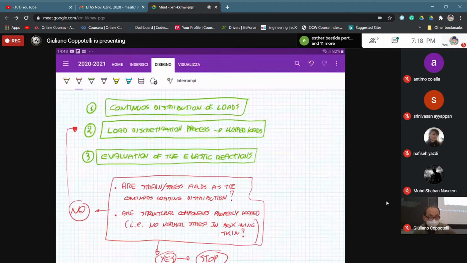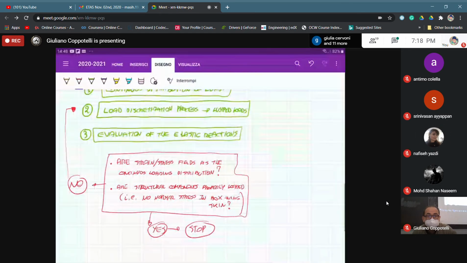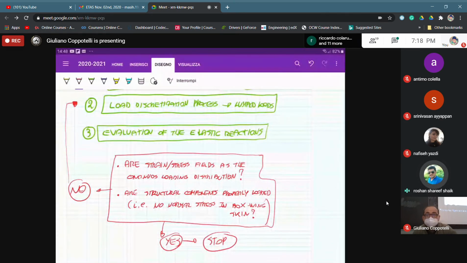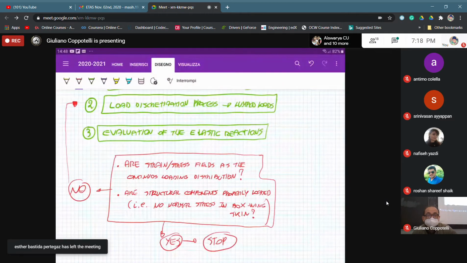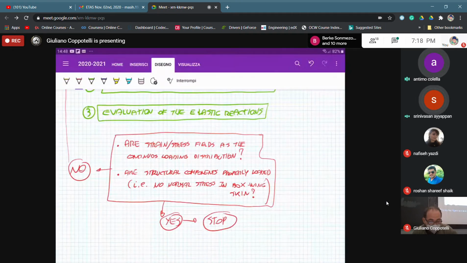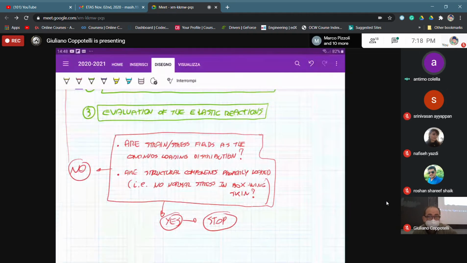Can you see the whole screen or not? No, Professor, I can see only until number 3, evaluation of the elastic reactions. That is strange, because here we can see everything. Yes, Professor, everything is fine. So it is just you that are not seeing the screen, I think. No, Professor, I see only evaluation reactions.